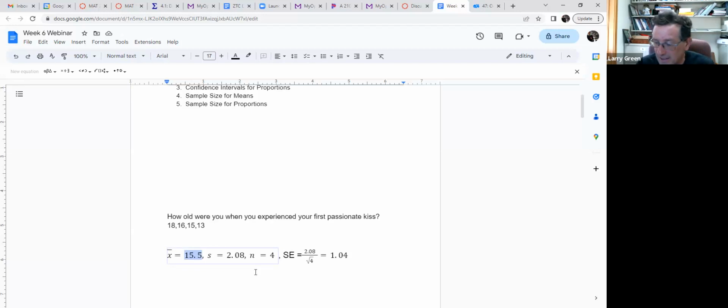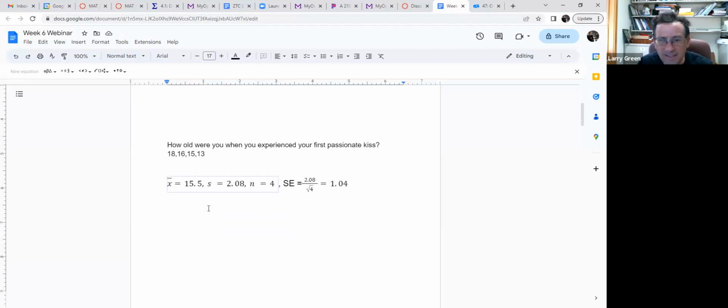We're going to assume we have a normal distribution, which means it's likely that we're no more than a year, 1.04 is about a year, off in our guess of 15.5. Any questions on that so far? Okay, that makes sense?